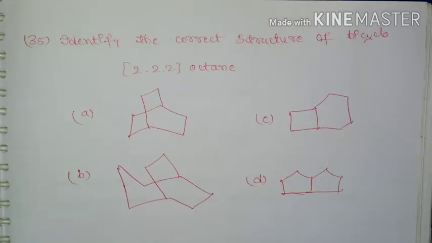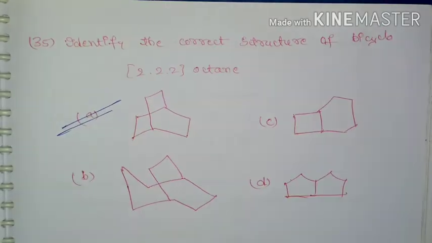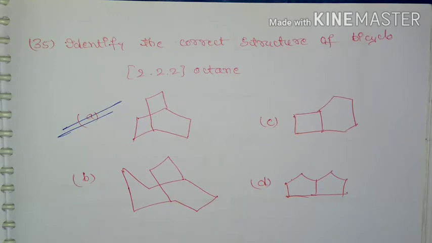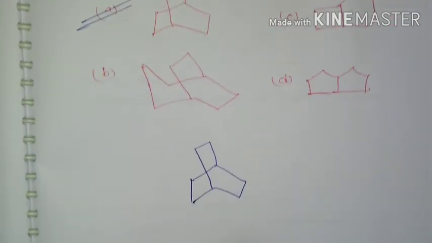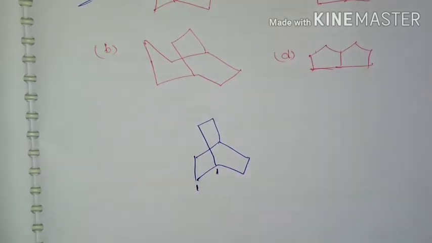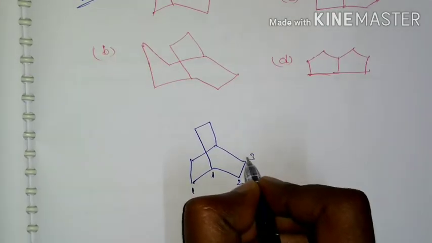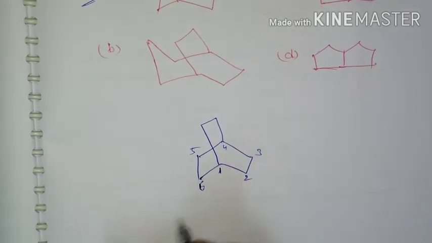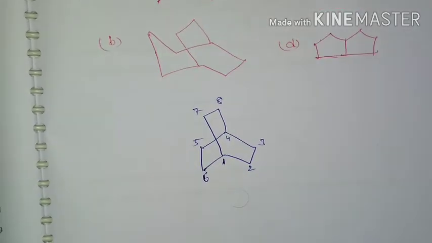So the next question is: identify the correct structure of bicyclo[2.2.2]octane. The correct option is A. As we have discussed for camphor, here also it is the same thing. It is also a bicyclic compound. If I count the number of carbons, starting from the bridgehead carbon, 1, 2, 3, 4, 5, 6, 7, 8.